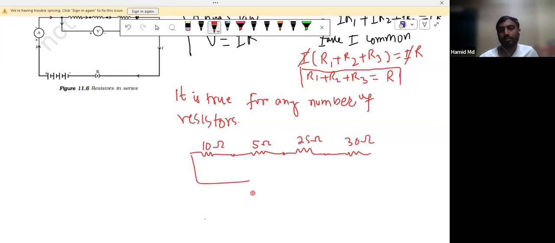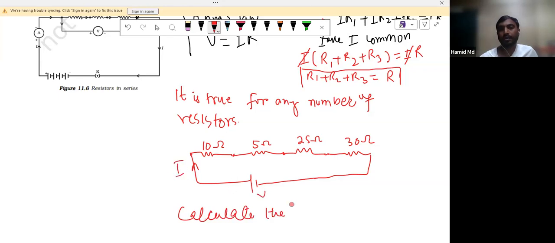It is connected with a battery, and current is flowing in this direction. This is V and this is I. Calculate the total resistance.